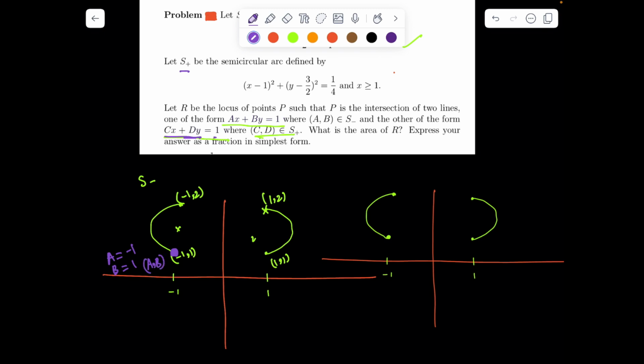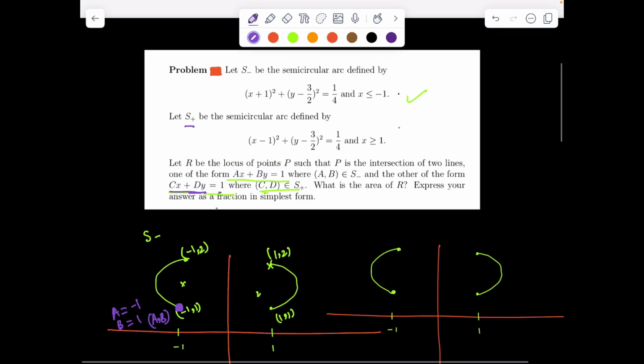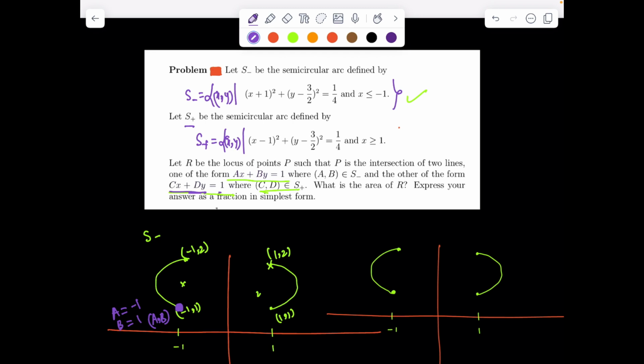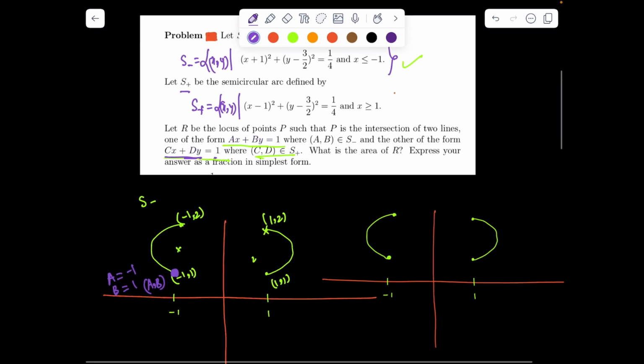Any point (a, b) is an ordered pair belonging to the set S minus. So S minus is the set of all (x, y) such that this relation holds. Similarly, S plus is the set of all ordered pairs (x, y) such that this holds. It means any point will satisfy this relation.